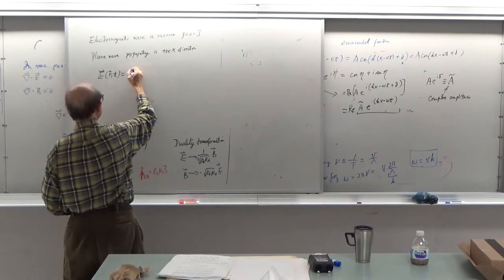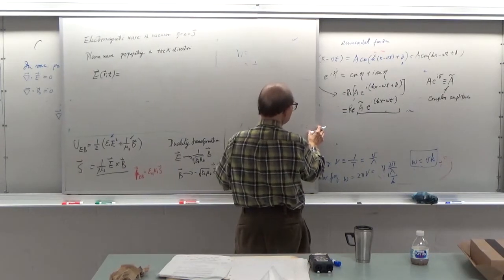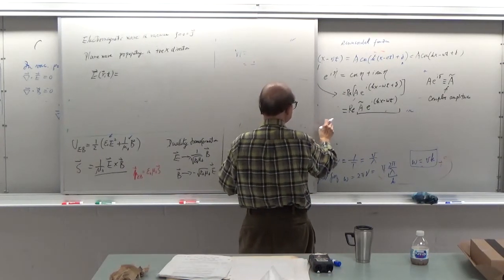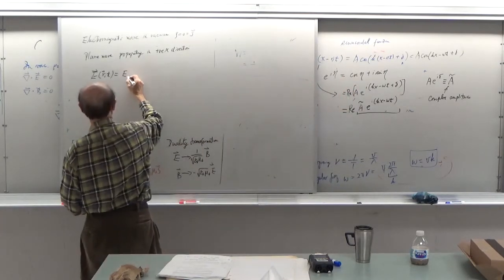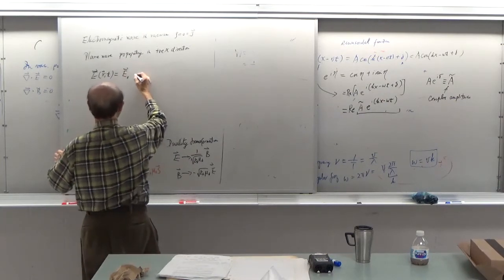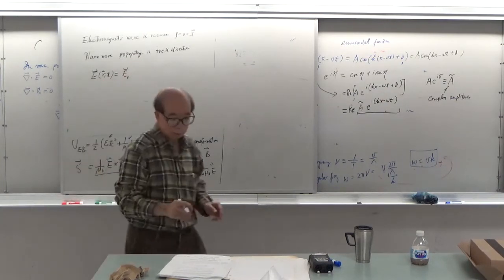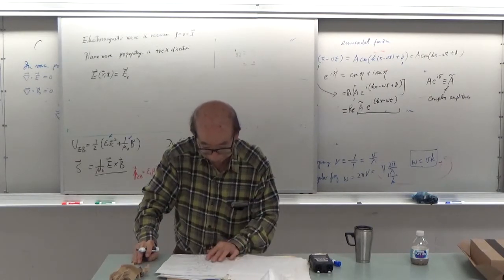Then, of course, I can write my E, which is a function of r and t, as follows: amplitude E naught times cos. Do I want to introduce that at this point? Okay, may as well.